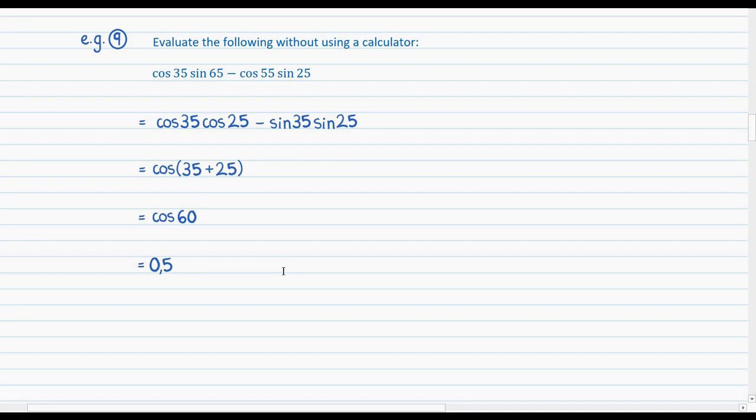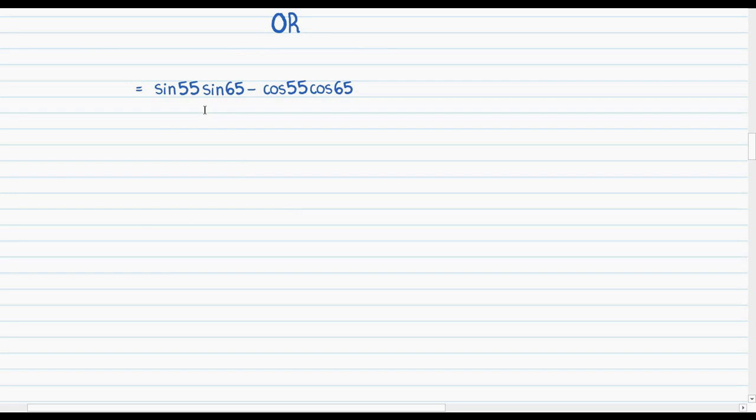But that's not the only possibility. You may be wondering, what if I tried changing the cos 35 to sine and the sine 25 to cos instead? That would also work fine, and in that case you'd end up with sine 55 sine 65 minus cos 55 cos 65.